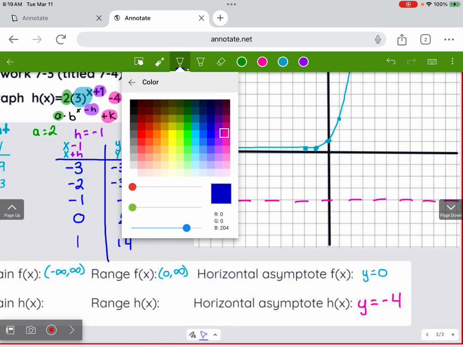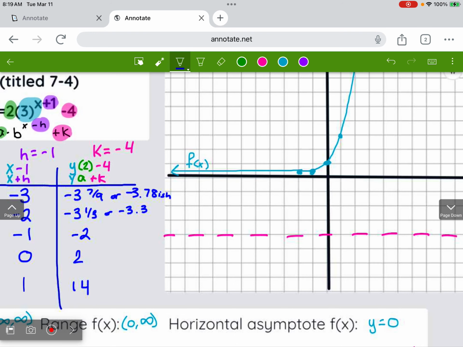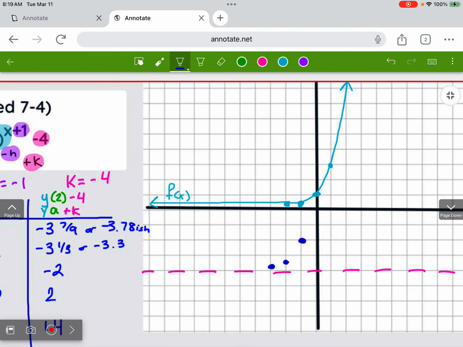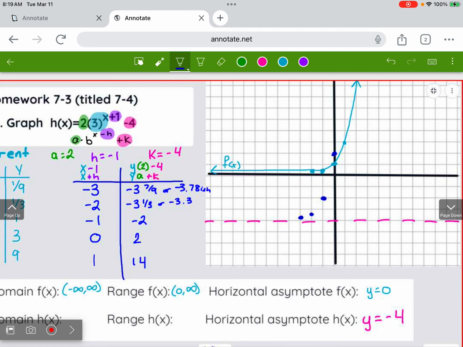And then when we plot up our points, it's going to be our -3, -3.7, and -2, -3.3, -1, -2, 0, 2, and 1, 14 was way off the chart.